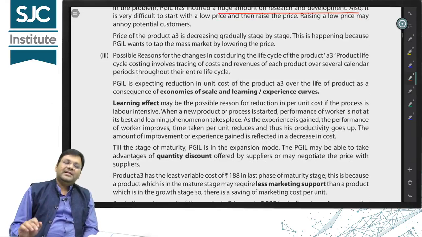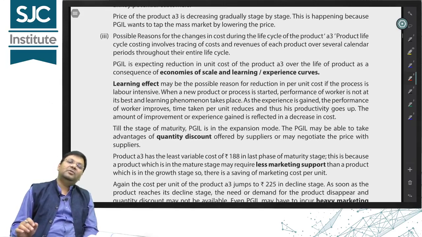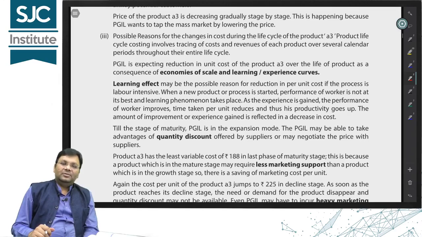Then in your growth stage it is lower because of economies of scale and learning curve effect. In the maturity phase it goes further down because of higher economies of scale, efficiencies, and less spending on promotion, and in the decline phase it starts increasing because you now have more spending on promotion.